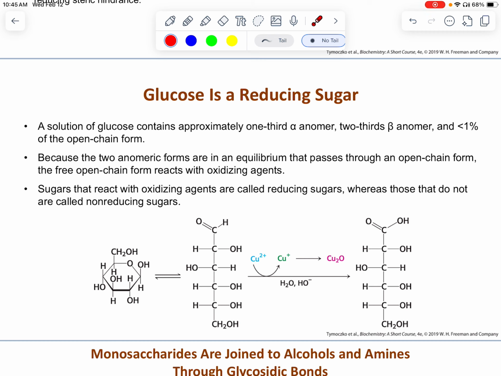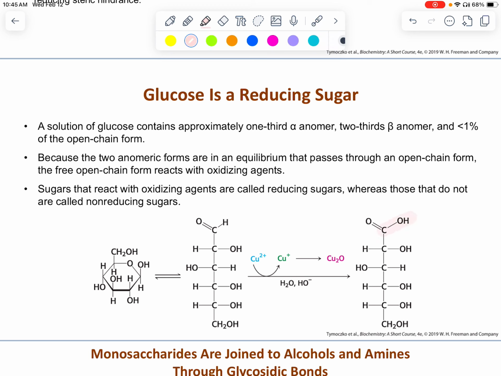If it is causing something else to gain electrons, it must be losing electrons. It must be giving them away. What happens here, we can see that copper is going from copper 2 plus to copper 1 plus. Its charge is going down. It must be gaining electrons. So our sugar must be losing electrons. That means it must be oxidized.